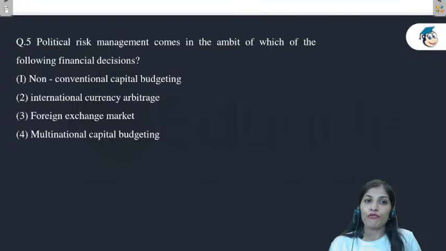अब नेक्स्ट हम लेते हैं: पॉलिटिकल रिस्क मैनेजमेंट कम्स इन द एम्बिट ऑफ विच ऑफ द फॉलोइंग financial decisions? Political risk management comes in the ambit of which of the following options?